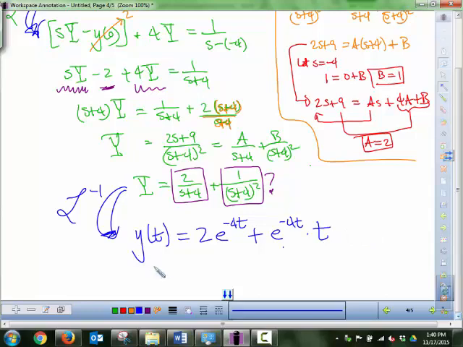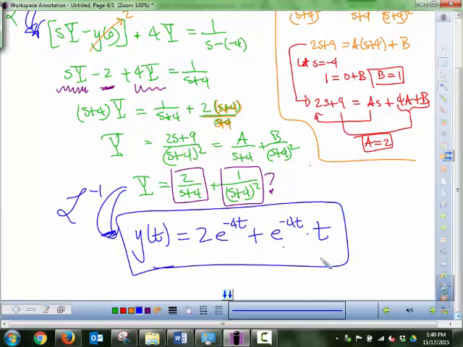And that's your solution. Okay. So with the S translation, we're able to transform it back into the T world.